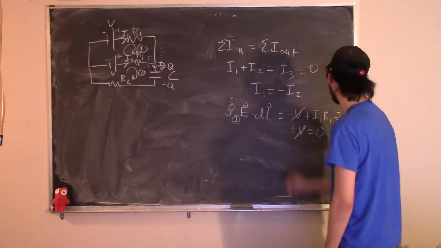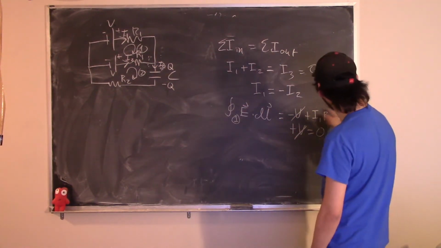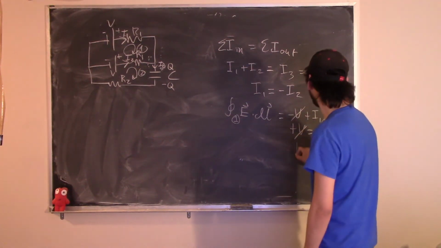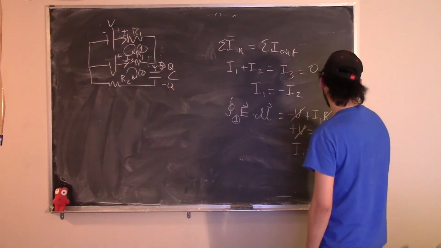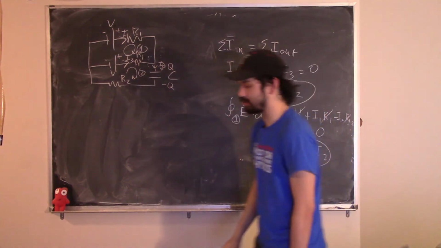So my V's are going to cancel. And I see something kind of peculiar here, because from this equation I can cancel my R1s as well. This says that I1 is equal to I2. This one says I1 is equal to minus I2.